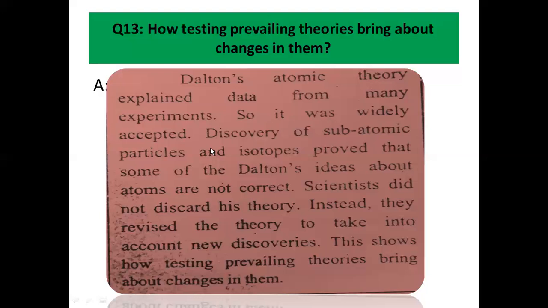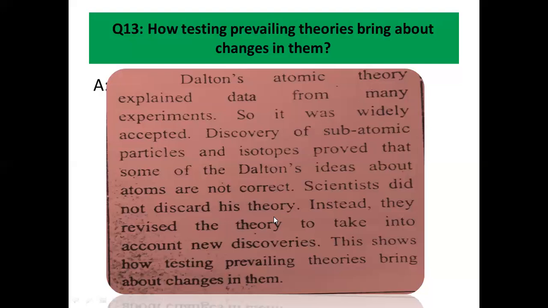Some other scientists collected Dalton's data and performed experiments, and they found that some of Dalton's postulates, or Dalton's ideas about atoms, are not correct. So scientists did not discard his theory, although we know that there are many wrong postulates of Dalton's atomic theory, but still we are studying Dalton's atomic theory in books.